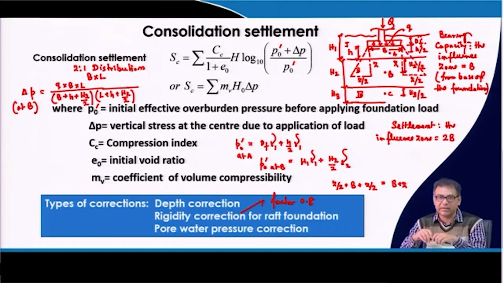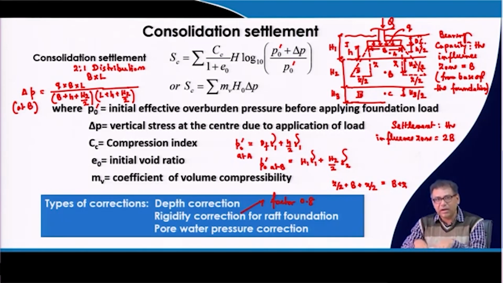Then another correction we have to apply, which was not applied in the immediate settlement, that is the pore water pressure correction. What is that? This theory is called the 1D consolidation theory. That means it is assumed that the consolidation is going only in the vertical direction, but in the actual field, when we apply a load or stress on a particular soil, the water can move in 3 directions. But in this equation it is assumed that it is moving only in the vertical direction.